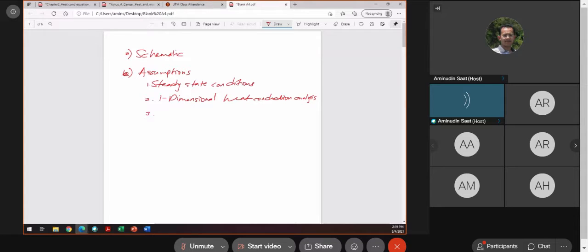Because someone will argue, why is this one dimensional, why not two dimensional? The argument is that the wall is large compared to the thickness, so that means the heat transfer in the y direction can probably be negligible. For example, I can draw it, though it's a bit difficult to draw a straight line here.